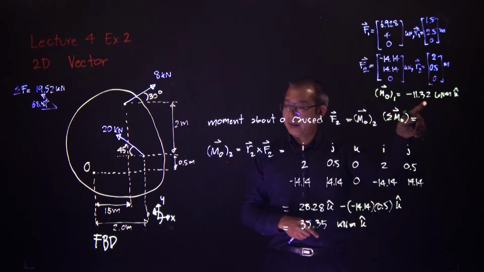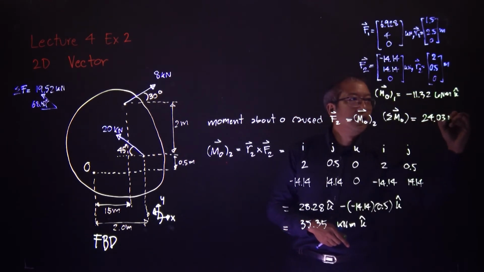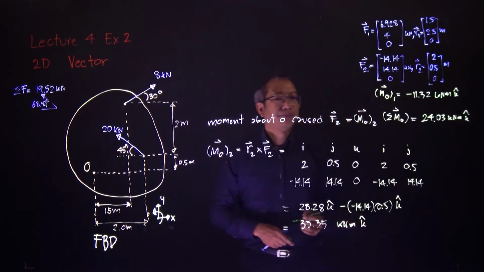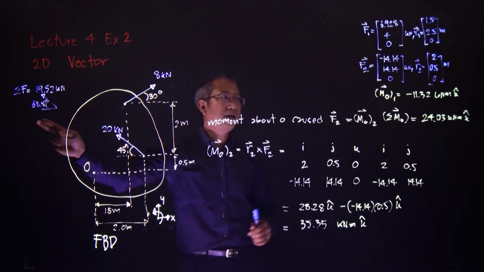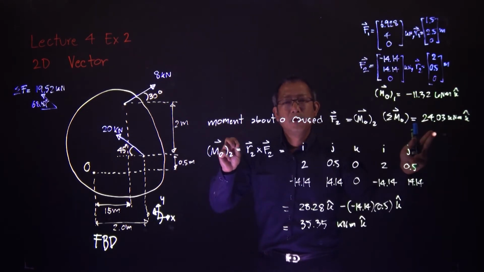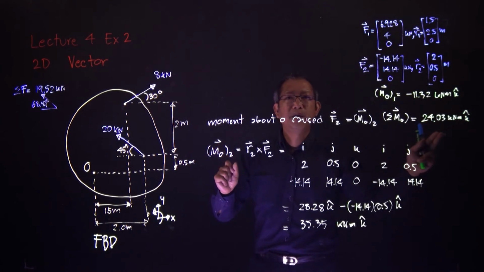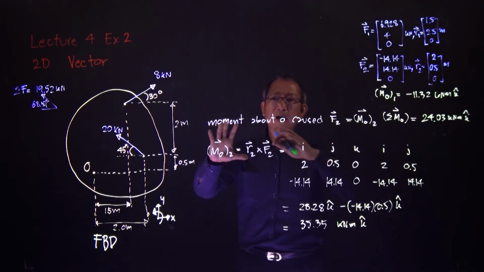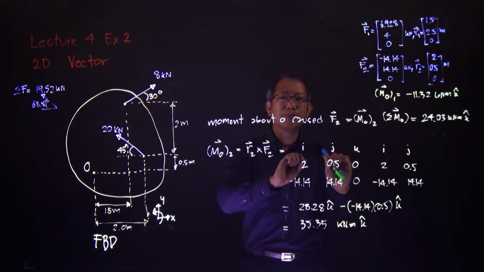Combine up, it becomes 24.03 kilonewton meter k positive. Okay, so now we have our answer. I don't have to put it into the vector form or scalar form because I can answer it from here straight away, right? So what I have to do now is remove that part so that I can write up the answer properly.